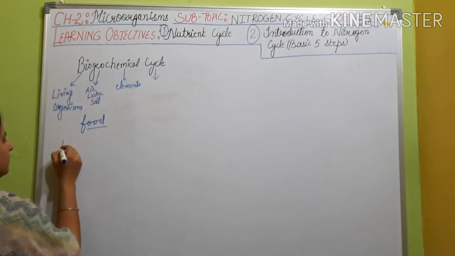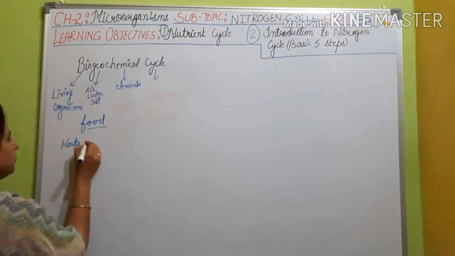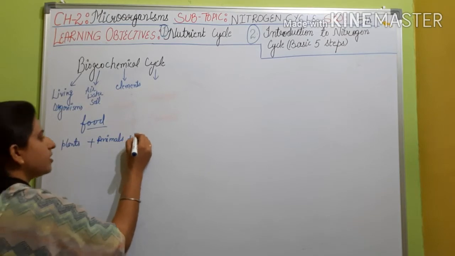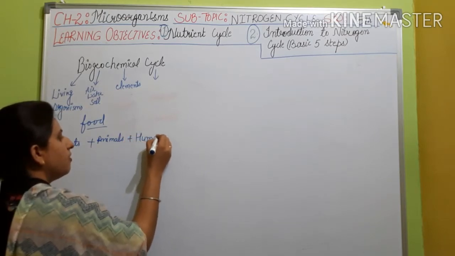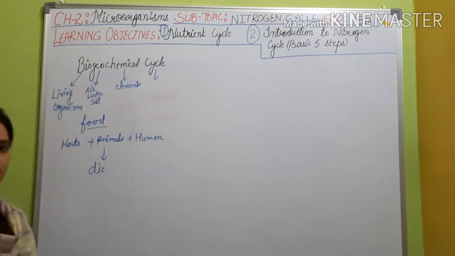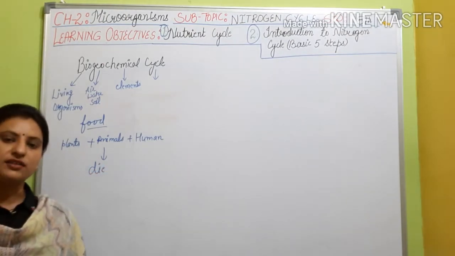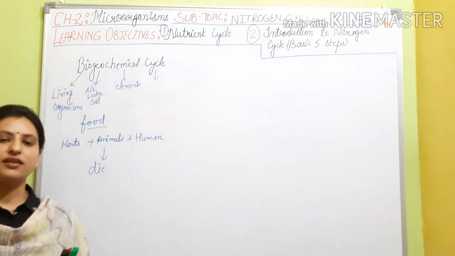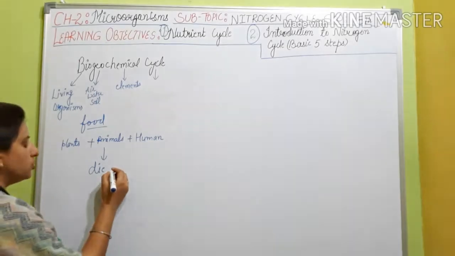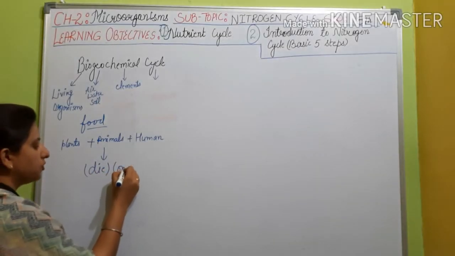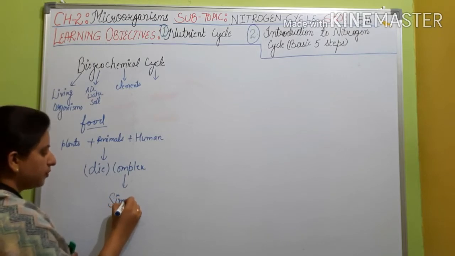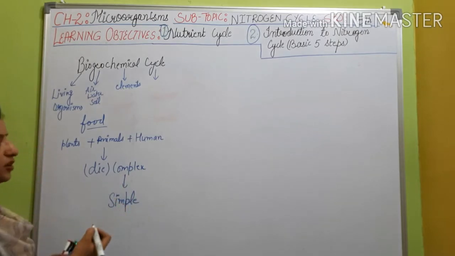Now all the 3, plants plus animals plus humans, when they die, their body is eaten and decomposed by the bacteria, and again the complex form of our body changes to the simple form. So we had started from where?